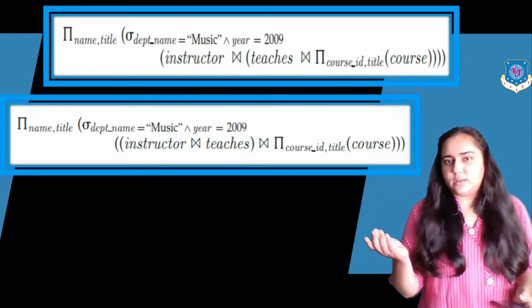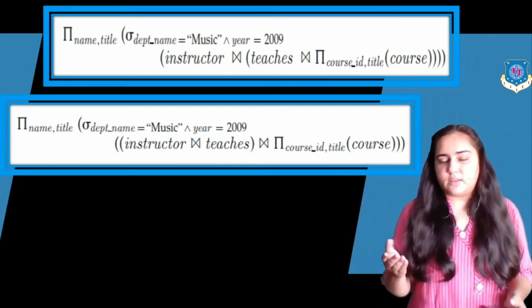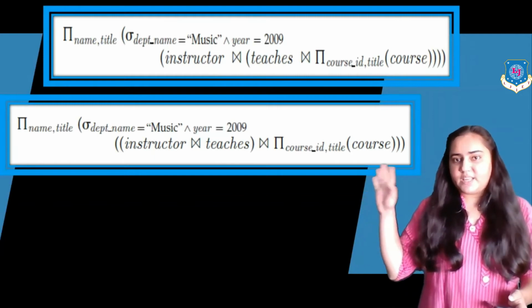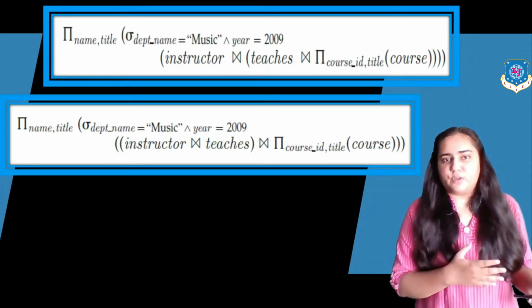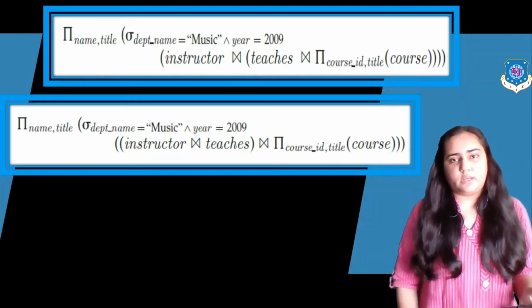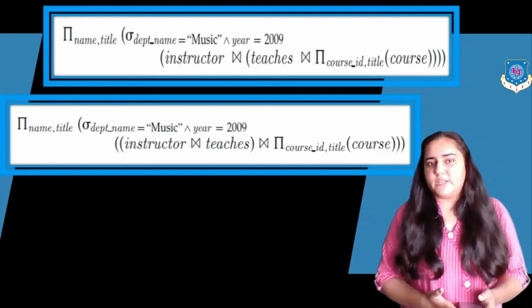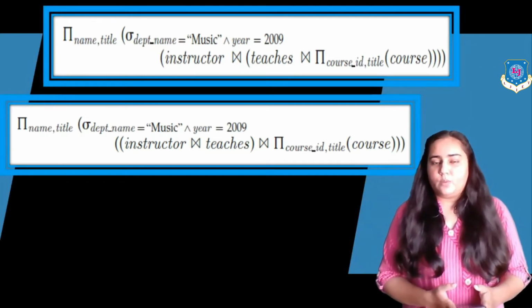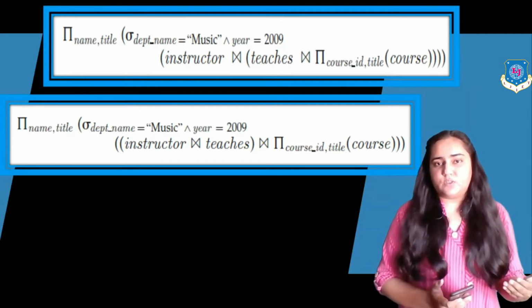You can see in the end, the upper query is having about 4 brackets and the lower query right here is having only 3 brackets. And there's one extra bracket before instructor, which was not there earlier. And there's one bracket after teachers. So what exactly have I done? What I have done is I have performed a natural join between instructor and teachers.